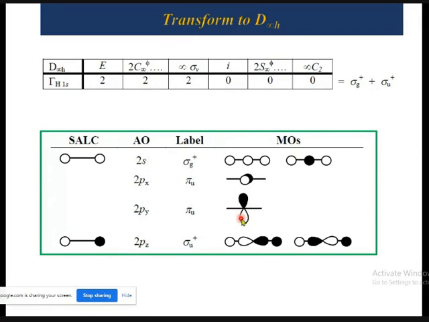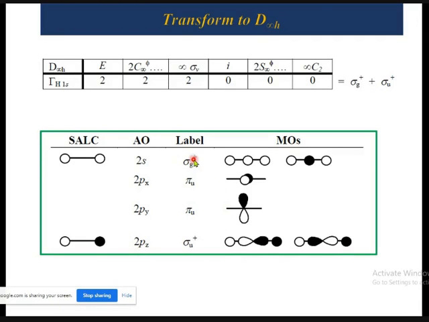Now, have you calculated any SALC which can have the same geometry with respect to these orbitals? If you remember, no. You have calculated only these two SALCs. In one of the SALCs, they are having the same phases. In another SALC, both are having opposite phases. Other than that, you have not calculated, right?